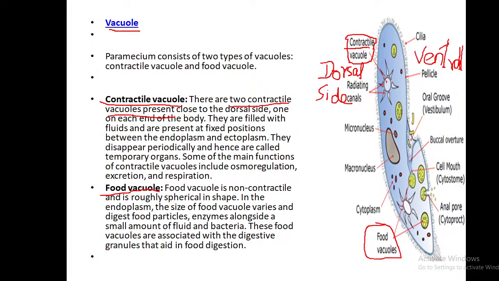Then they are filled with fluids, and the contractile vacuole helps in maintaining the correct osmotic balance inside the cell. This contractile vacuole helps in eliminating the excess water from the body, or they help in respiration and excretion.